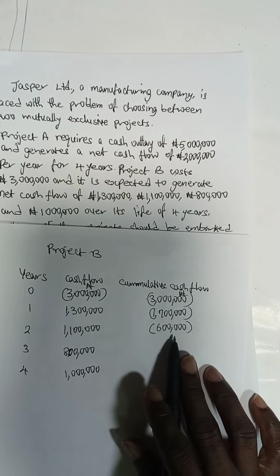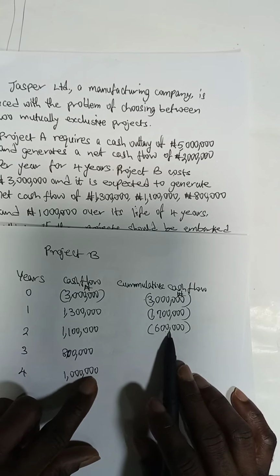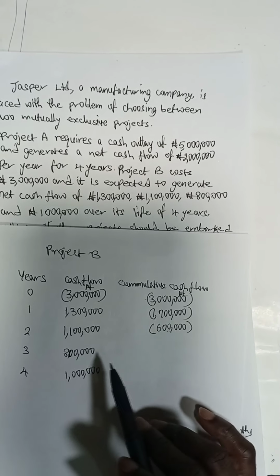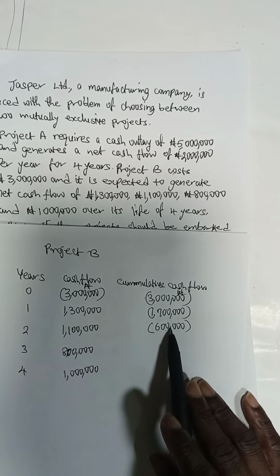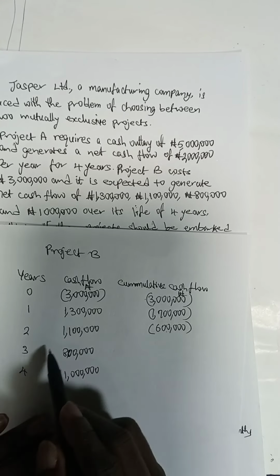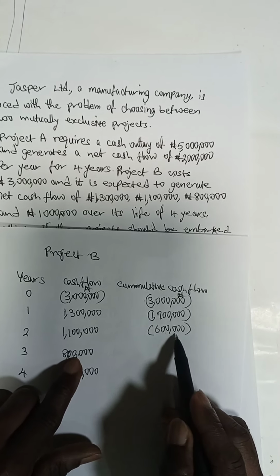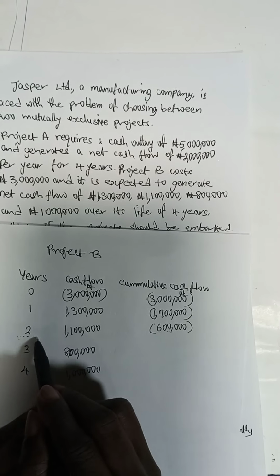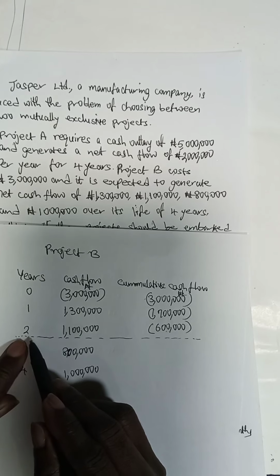So you can bracket it. Now this 600,000, we want to reduce it, but we have 800,000 here. We cannot reduce just 600,000 from this 800,000, because this 800,000 is higher than this. So we stop at this year 2.